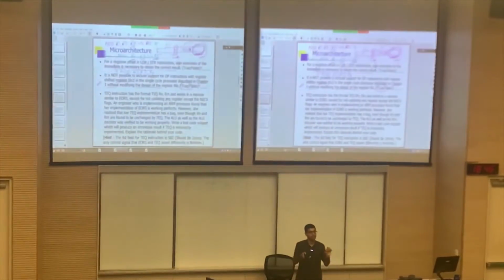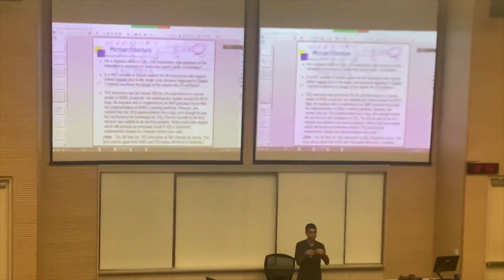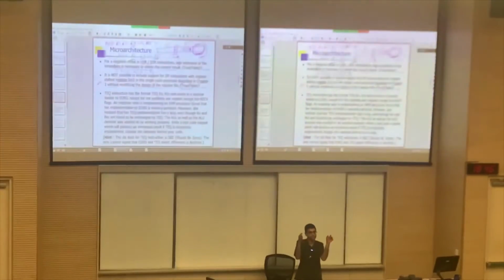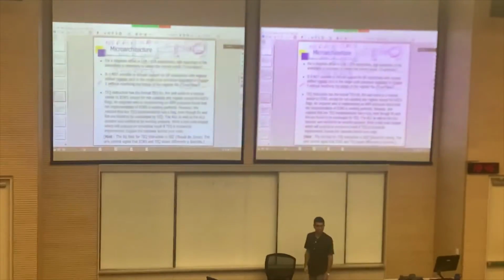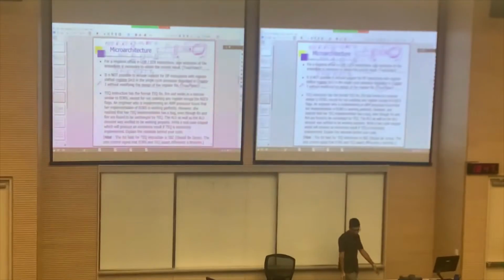So internally you will require more than 4 bits to encode these registers because you have more than 16 registers. Just that it is not visible to the programmer. But internally you have more registers. That would mean that you will require more number of bits to identify the register. Okay, there is sort of an internal renaming, but not exactly.